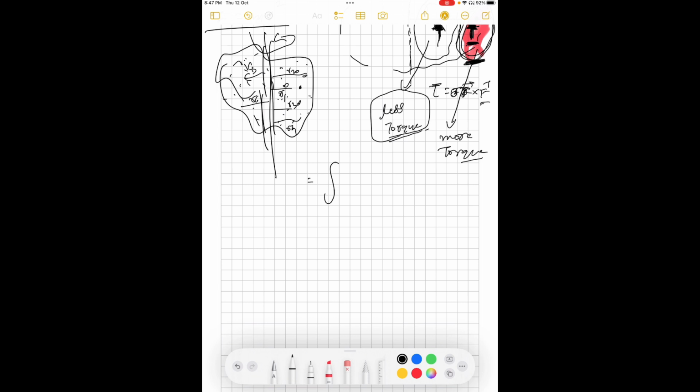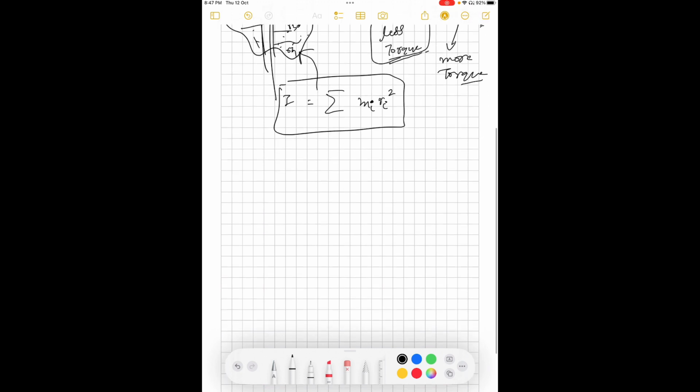Writing down the sum of all these point masses and their distances will give us the total moment of inertia of this body, this object.